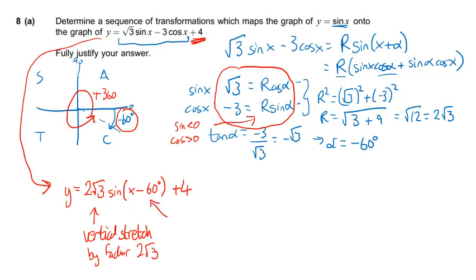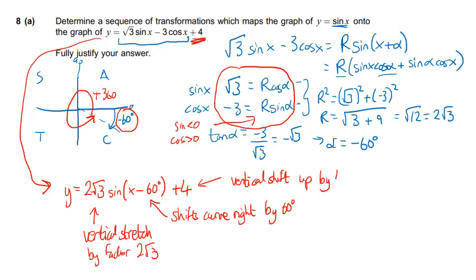The minus 60 shifts the curve right by 60 degrees. So rather than sine starting at 0 and going up from there, it starts at 60 degrees and goes up from there. And what does the 4 do? If we add on a 4 at the end, then that's a vertical shift up by 4 units.